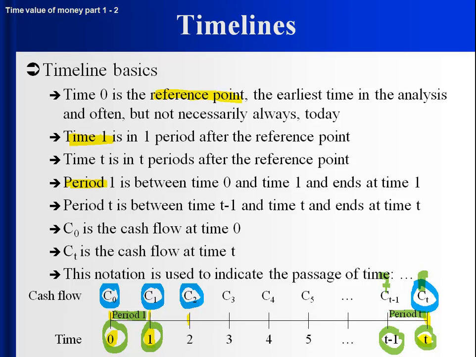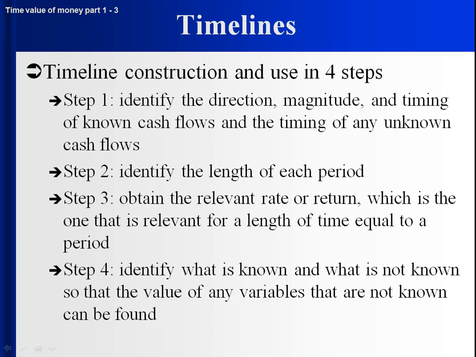And you can see finally dot dot dot, that represents the passage of time. So for example, suppose we were looking at 50 years, we wouldn't necessarily need to put all 50 years into our timeline. You can see here we've got 0, 1, 2, 3, 4, 5, then dot dot dot, 49 and 50. So those are some of the basics.